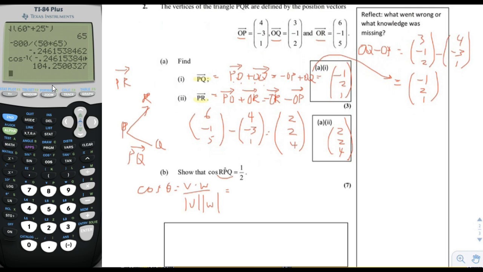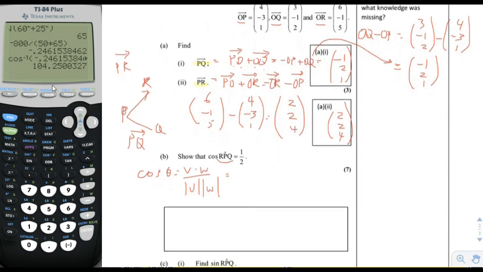So first we need to find the scalar product of these two. We're going to take 2, 2, 4, and take the scalar product of it and negative 1, 2, 1, and that'll give us the numerator.